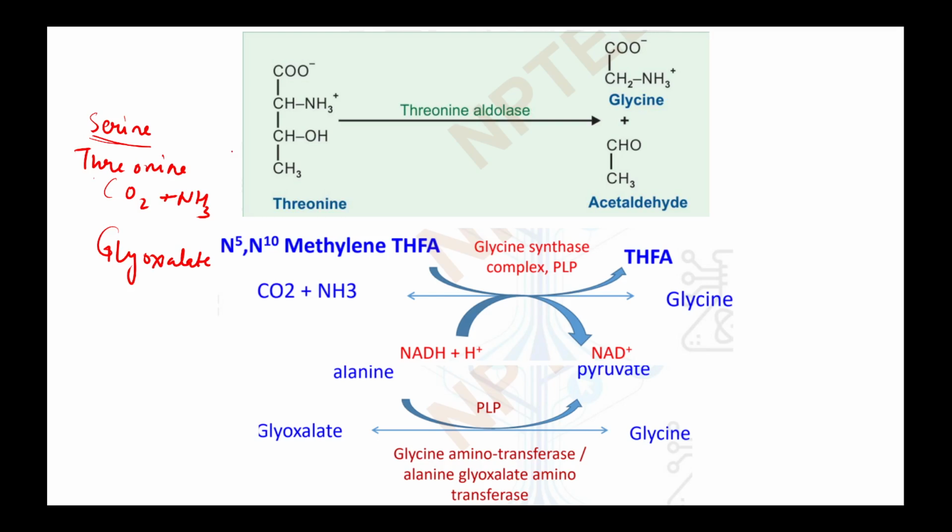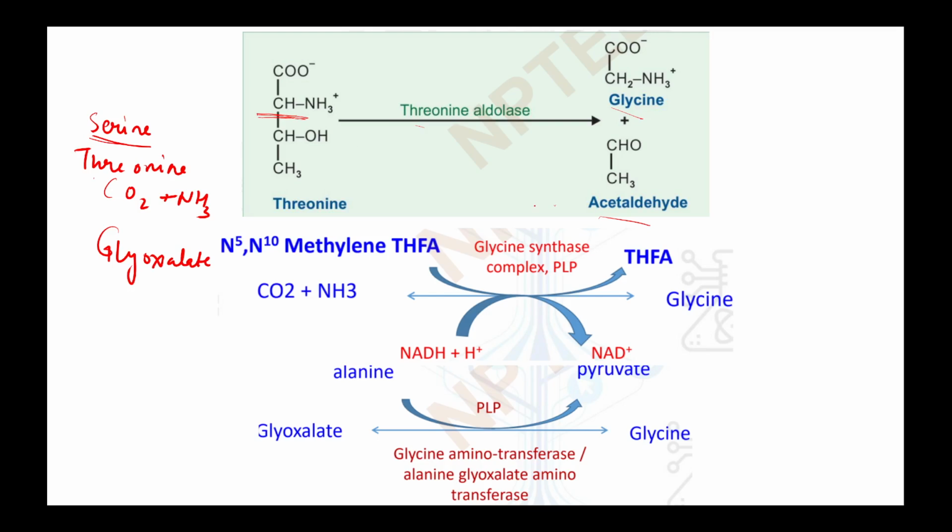Glycine synthesis from threonine occurs by threonine aldolase. So it's an aldolation reaction. So the bond is broken from this part, and we get acetaldehyde and glycine. So threonine aldolase will break the bond, and we get 2 products, glycine and acetaldehyde.